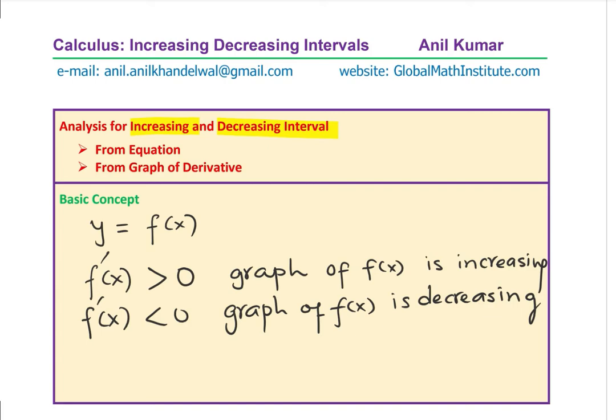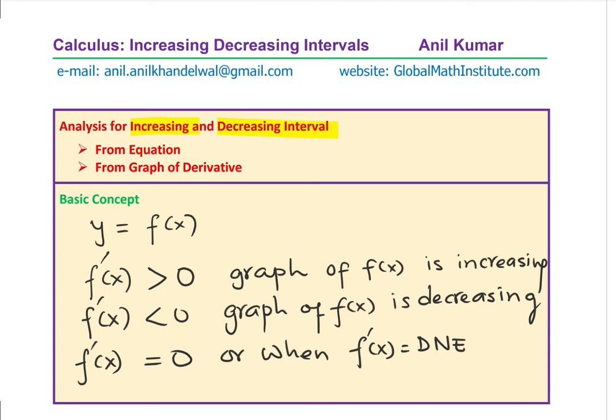What really is a boundary between them is when the derivative is either equal to 0 or when the derivative does not exist. So that becomes the boundary between the two. So wherever the derivative is equal to 0 or it does not exist, there could be a change in increasing or decreasing behavior of the function.